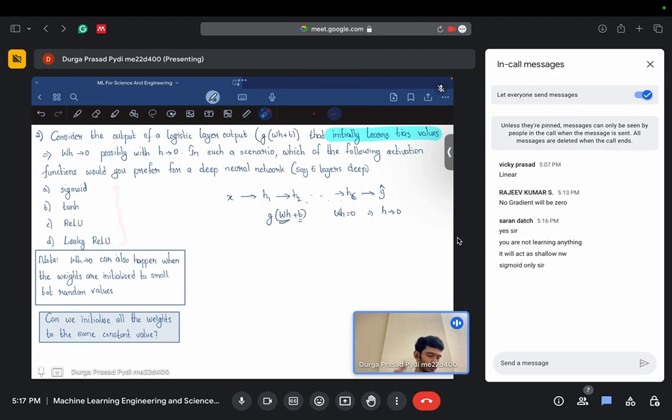Okay, let me put it slightly differently. Yes, like you said, it is only a problem with sigmoid. So why is it a problem only with sigmoid and not tanh? Maybe others can try to answer it. So Saran is pointing out that this scenario arises only with sigmoid and not with the other activation functions.